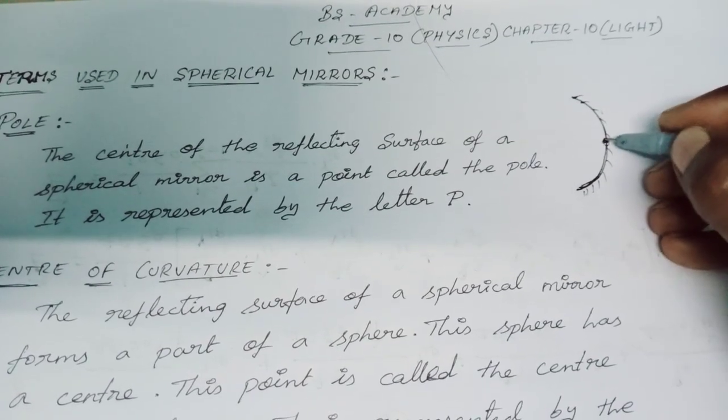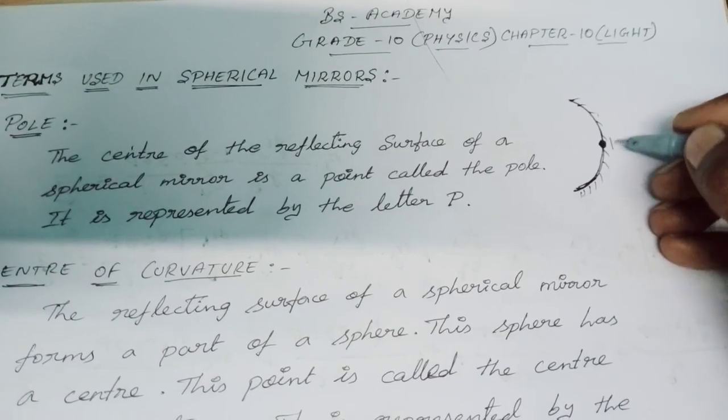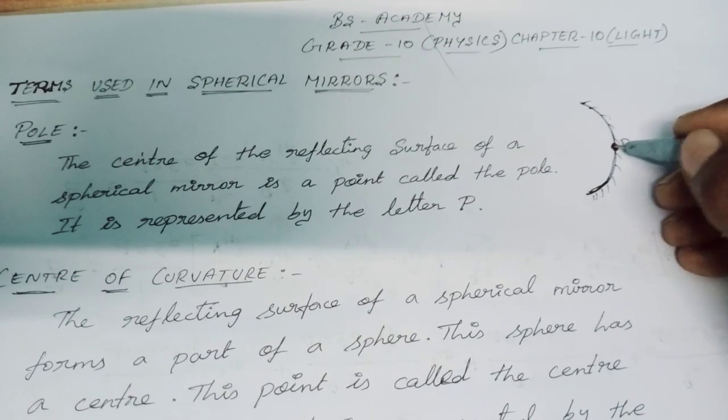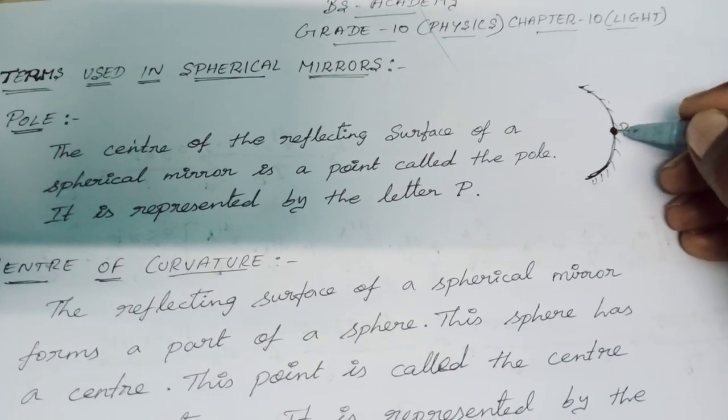This point is called the pole, and it is represented by the letter P. P is nothing but the pole, the center point of the reflecting surface of the mirror.